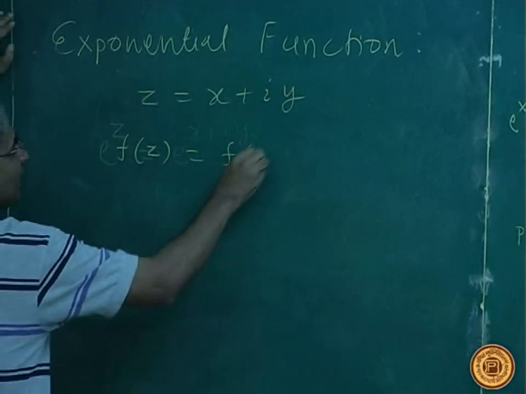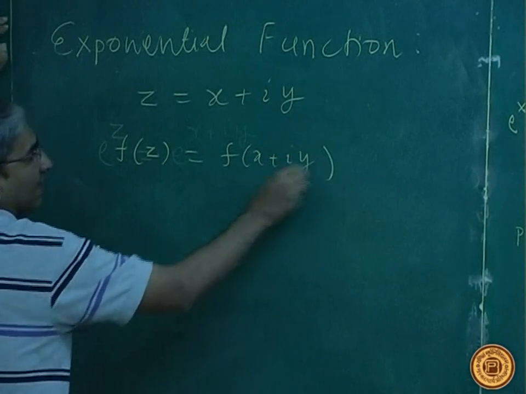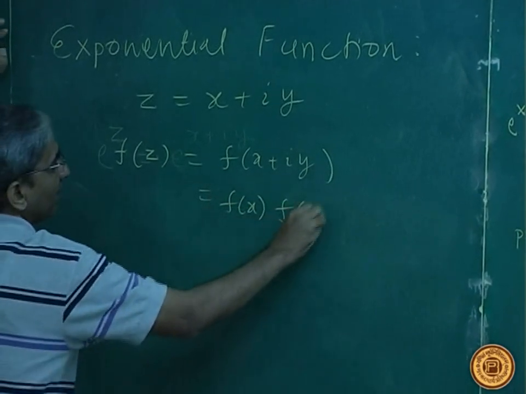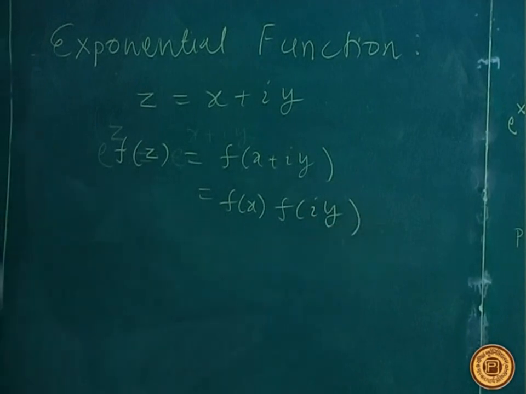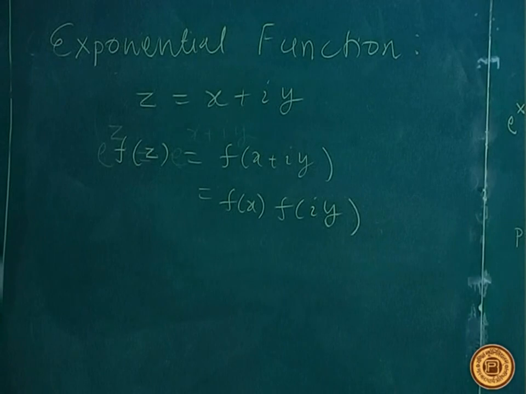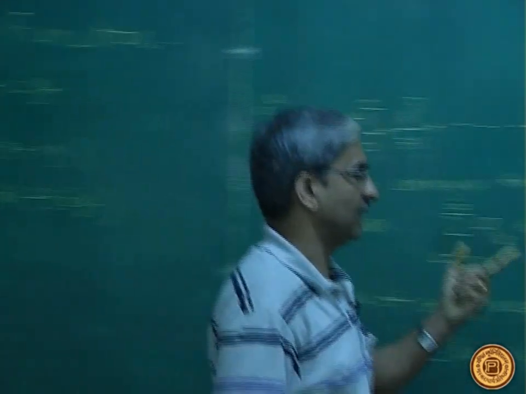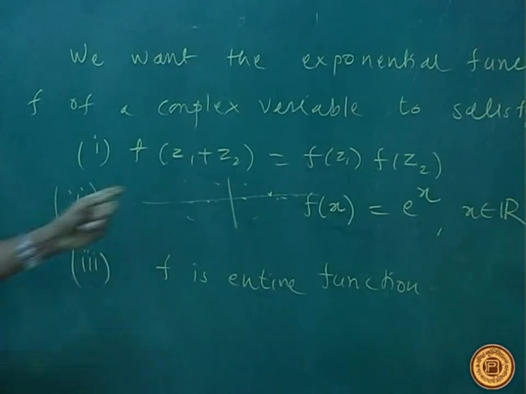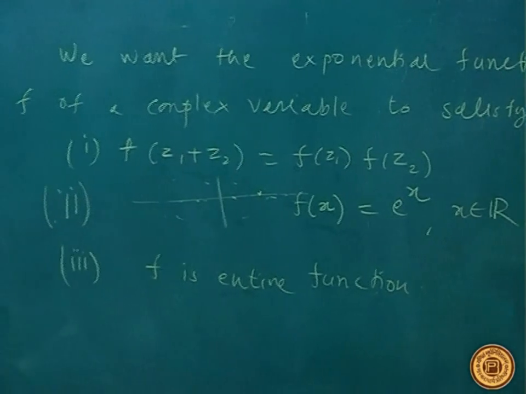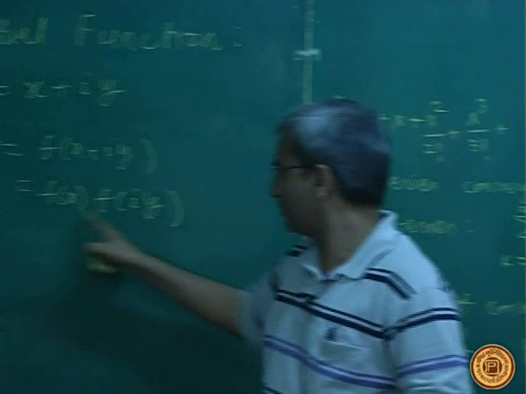So it is f of x plus iy. But f of an addition is a product. So it is f of x into f of iy. Do you see that? Because I want this property, f of z1 plus z2 is f of z1 into f of z2. So f of x plus iy had better be f of x into f of iy.